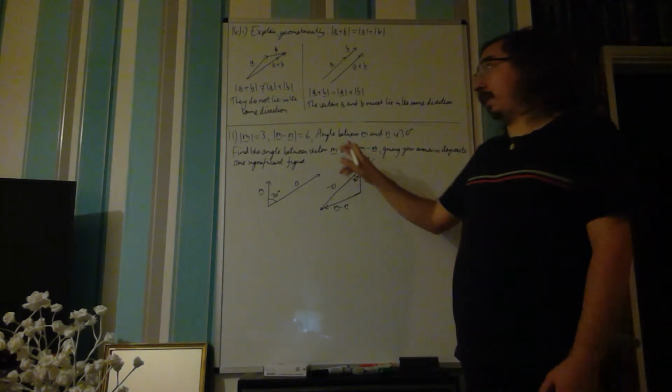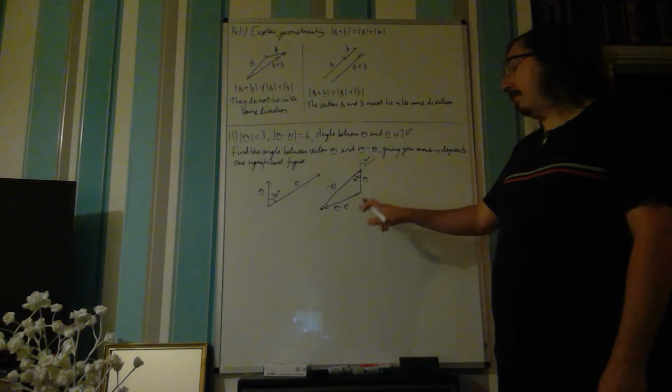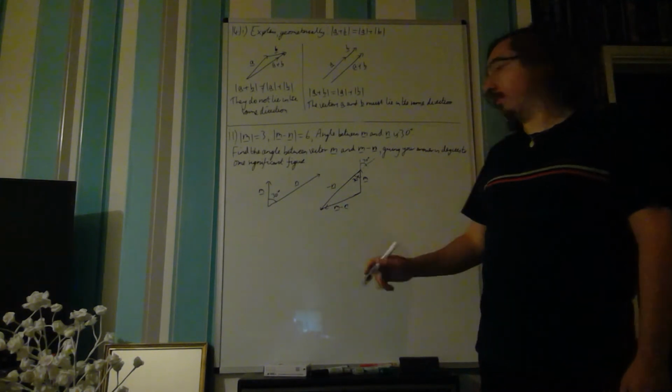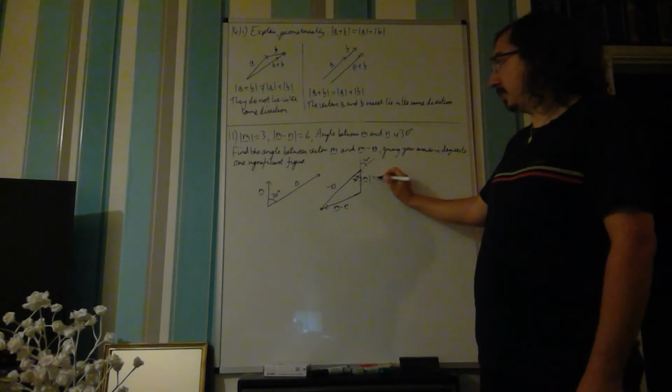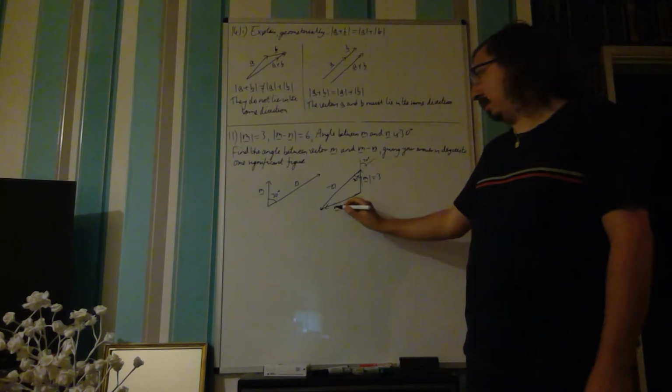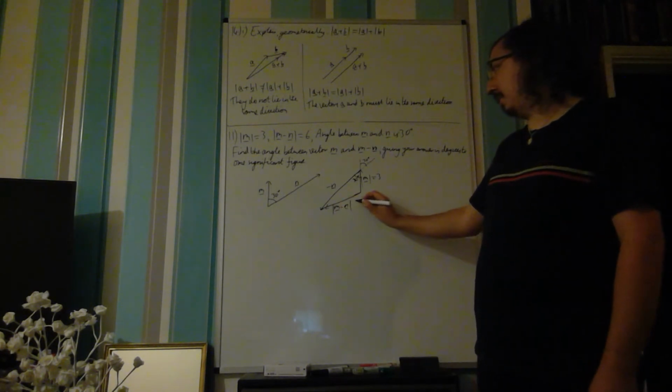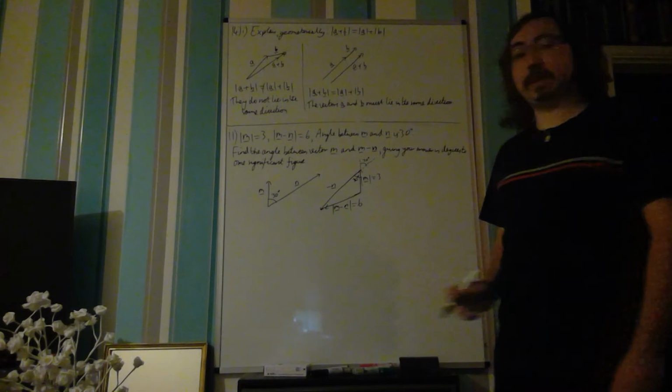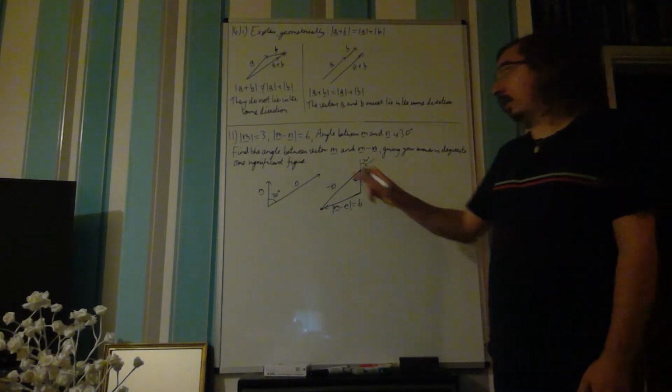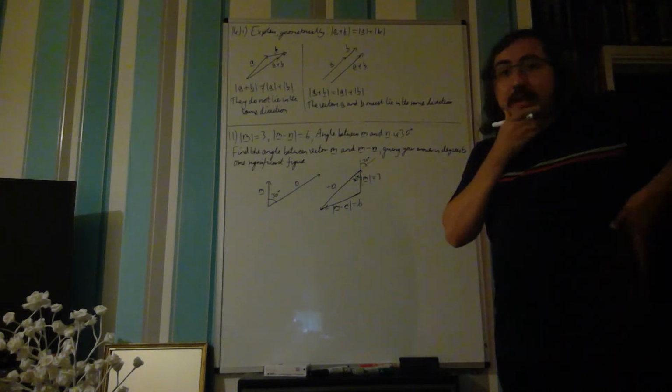We also know something about the magnitude of m and the magnitude of m minus n. So we can add on the magnitude of m is equal to 3, the magnitude of m minus n is equal to 6.